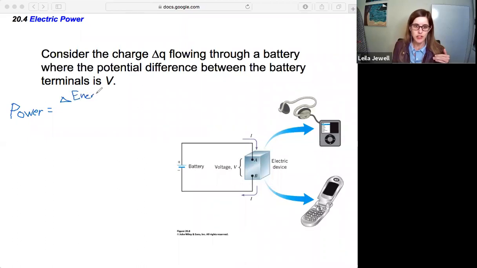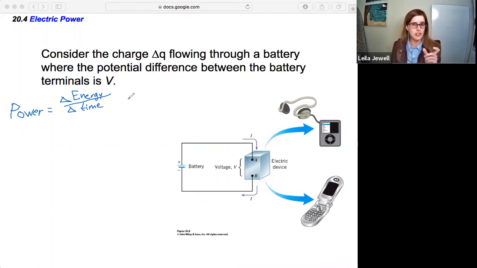We can write our change in energy all over our change in time. Now, as we're thinking about this scenario, we want to write this power in terms of this charge that's flowing through the battery and the potential difference between the battery terminals.